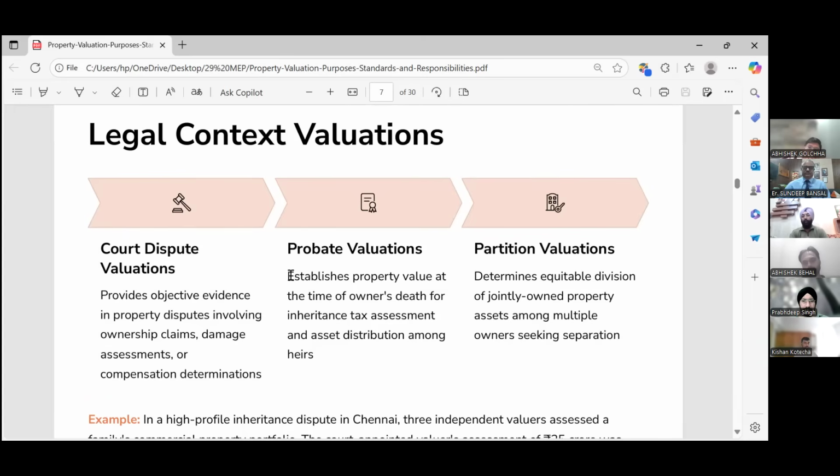For equitable division of jointly owned property among multiple owners seeking separation, you may have to do partition valuations, when the property is to be divided according to their shares among the different owners.